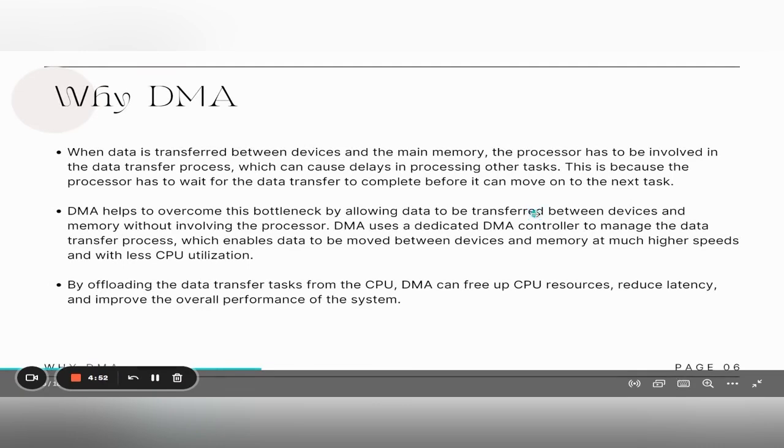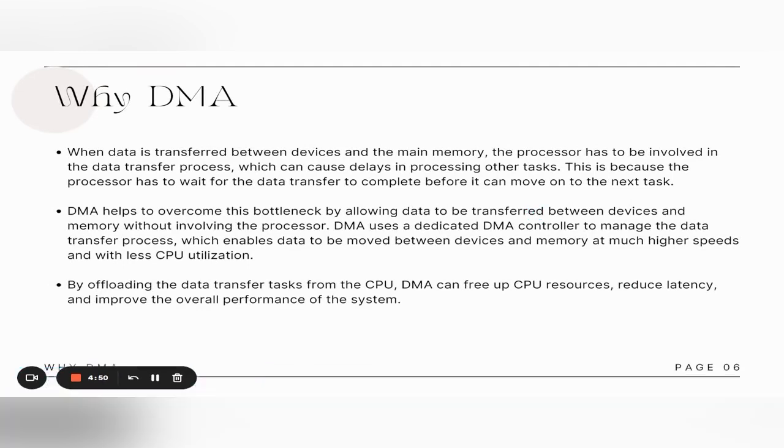So, why DMA? When data is transferred between the devices and the main memory, the processor has to be involved in the data transfer process, which can cause delays in the processing of other tasks. This is because the processor has to wait for the data transfer to complete before it can move on to the next task. DMA helps to overcome this bottleneck by allowing data to be transferred between the device and memory without involving the processor.